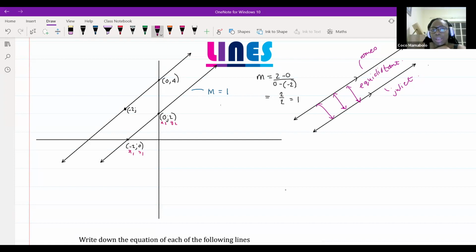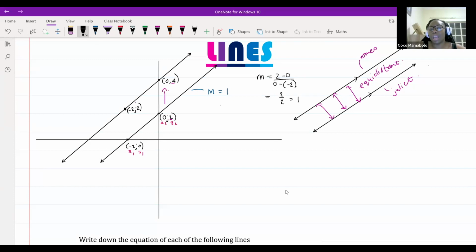It is 2. Because I've moved from my y value over here, I've moved from 2 to 4. So if I've moved from 2 to 4, that means I've moved 2 units up. And if I'm trying to create 2 lines that are parallel, that are equidistant, I need to move 2 units up over here as well, which means the value over here is going to be 2.